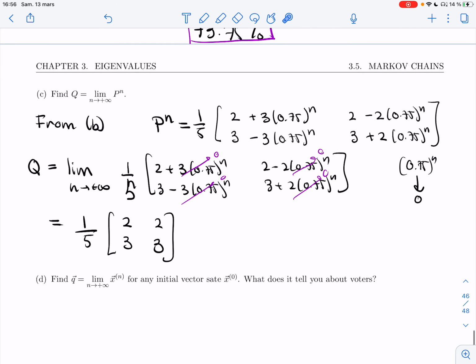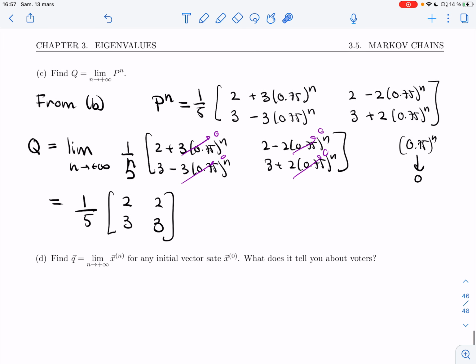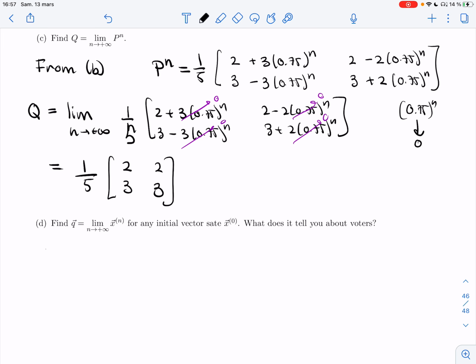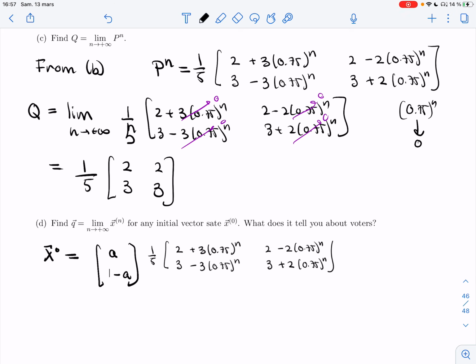All right, so find Q, which is the limit of the xn for any initial vector state x0. What does it tell you about voters? So let's see. I'm going to pretend x0 is (a, 1 minus a). The sum has to be 1, so let's put 1 minus a.